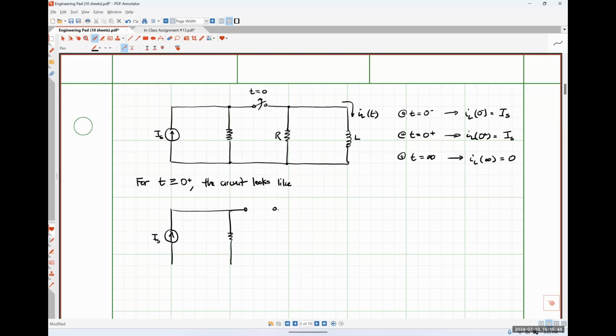Our switch is open because we're after the time where our switch opened up. Here's our resistor R. Here's our inductor L. Here's our inductor current IL of t, like so.